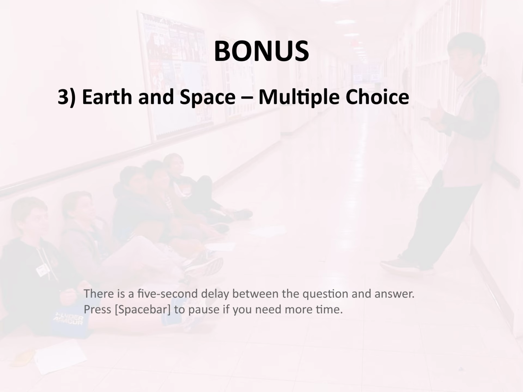Bonus 3. Earth and space, multiple choice. You are mapping a flat erosional surface of an anticline fold in which no rock layers have been overturned. Which of the following describes the change in age of the rock layers in the anticline as one walks from the hinge to the limb? W. The layers get older.